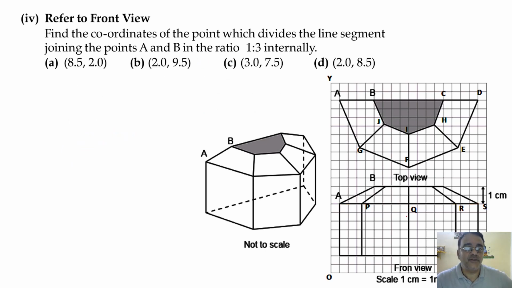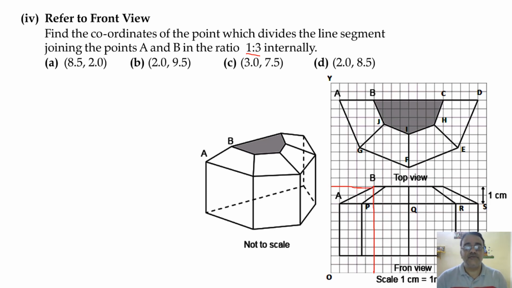Refer to front view. Find the coordinates of the point which divides the line segment joining the points A and B in the ratio 1:3. Right? So point A, just now I told, is 1, 8. Point B यहाँ पर है, so 5, 10. This is the fifth column and this is the 10th row.